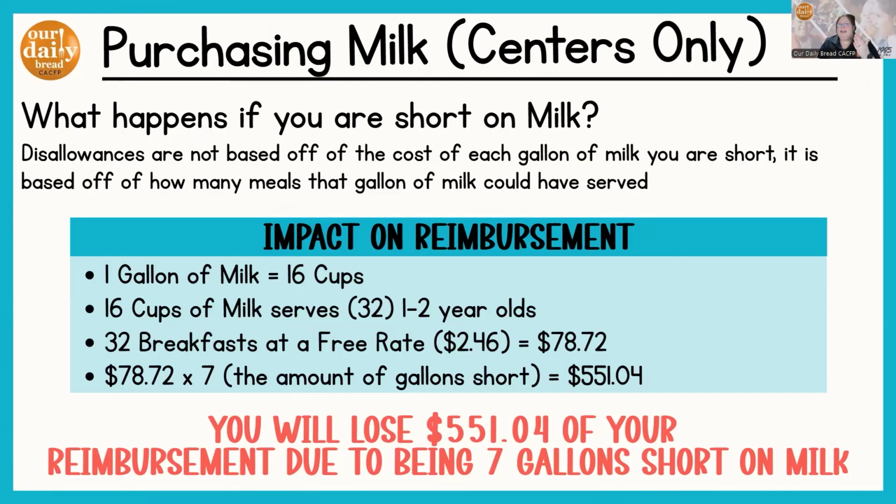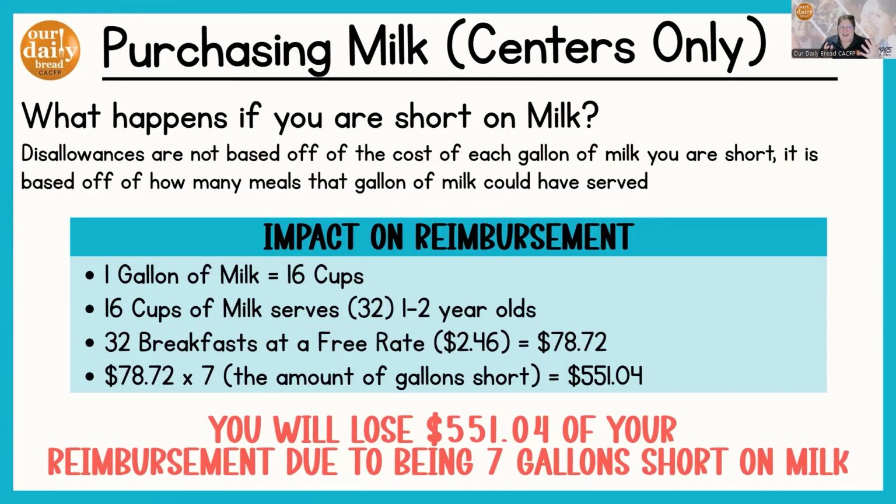For example, consider that 1 gallon of milk equals 16 cups. With these 16 cups, you can serve 32 breakfasts to 1 to 2-year-olds. If you're short 7 gallons, that is a significant loss.